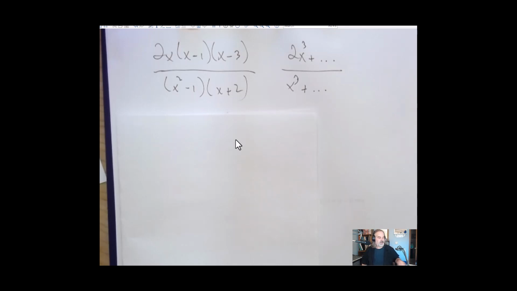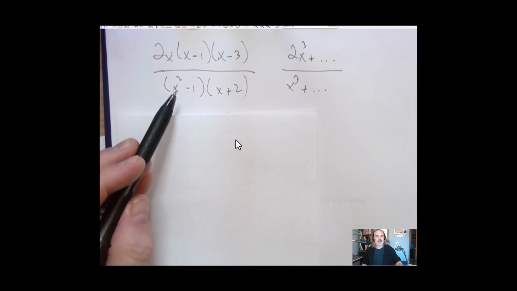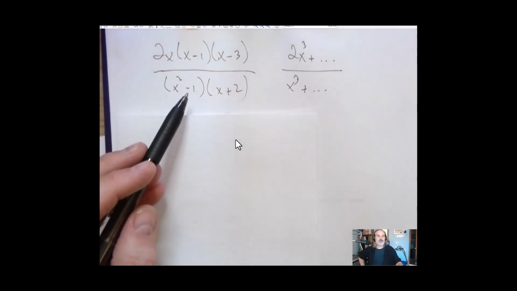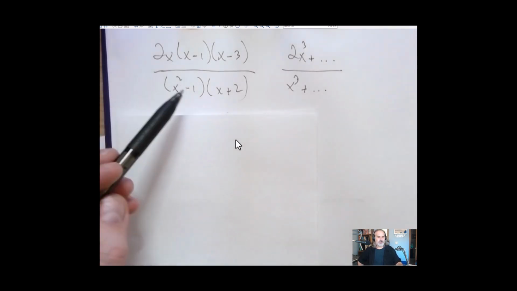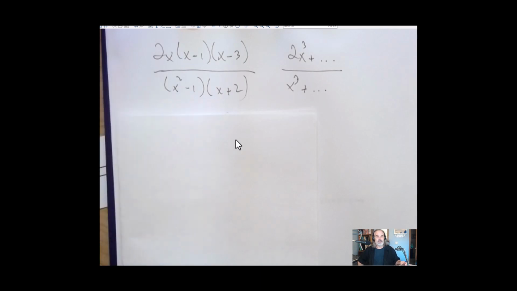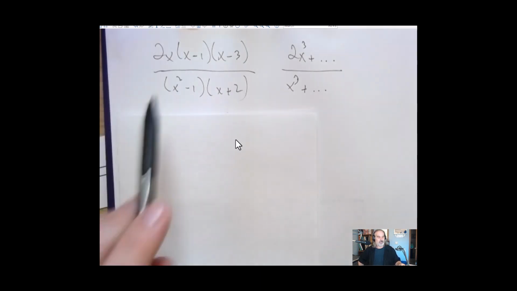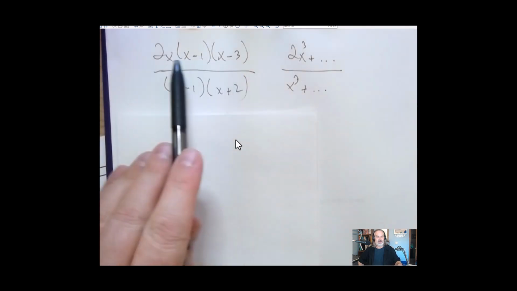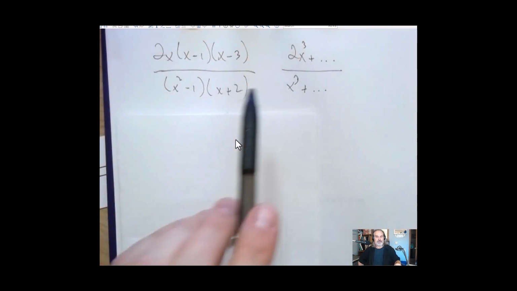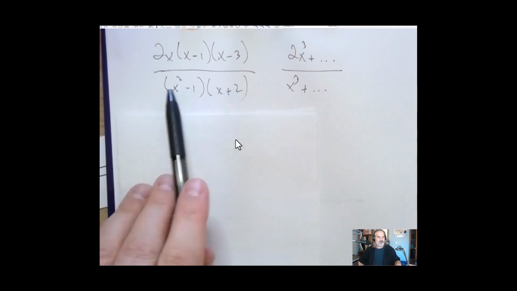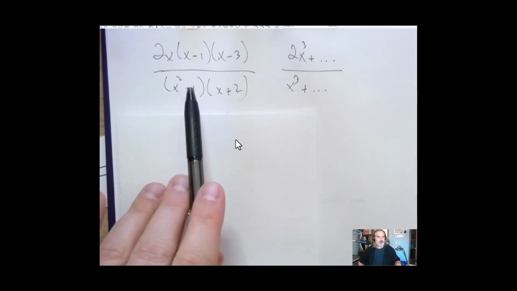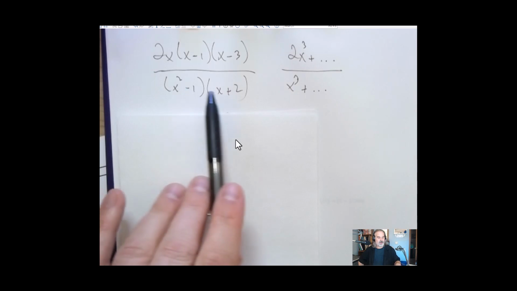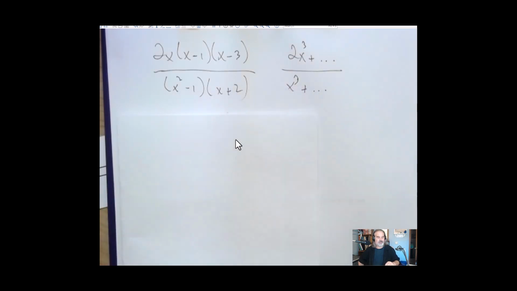What I've done here is taken this term in the denominator that would have been just x minus 1 in the previous example, and turned it into x squared plus 1. What that does is make the degree of the numerator 3 if we multiply all this out, 2x cubed plus a bunch of other stuff, and the degree of the denominator is now 3, x squared times x, cubed plus a bunch of stuff.